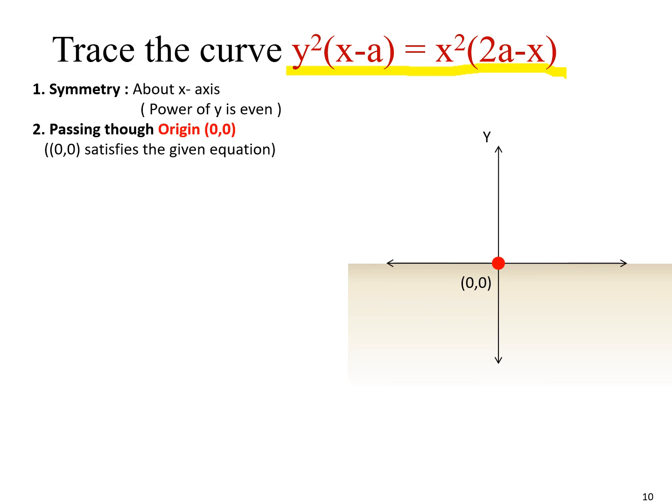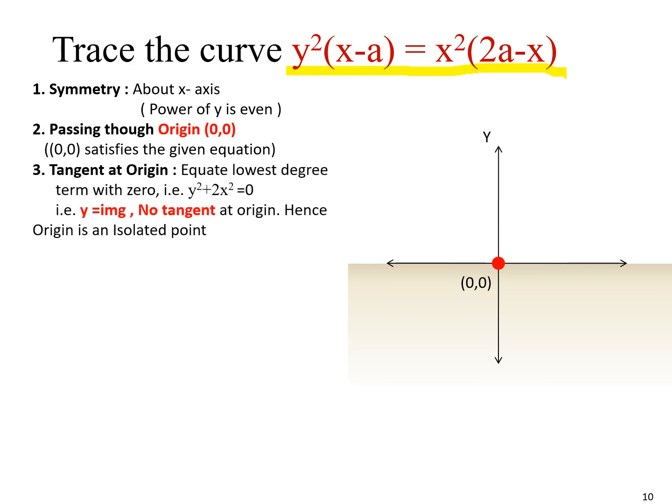Okay, so if we rewrite and find the lowest degree term, it will be y squared plus 2x squared equal to 0, and if we put it as 0, then we will get y equal to plus minus square root of 2 x i. That means you get y as imaginary, so you get no real tangent at the origin. Okay, that means the origin is a part of the curve, but we do not get any tangent.